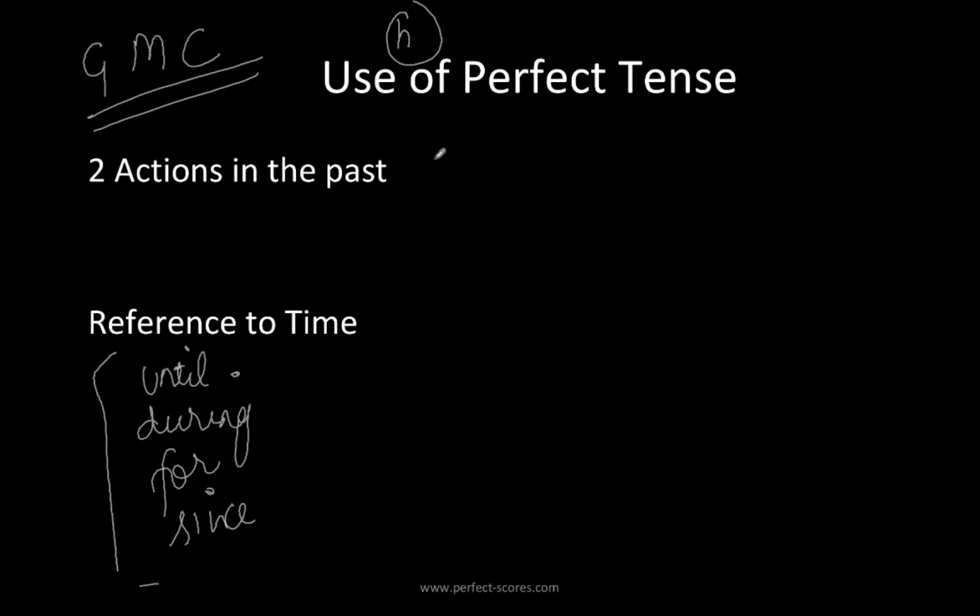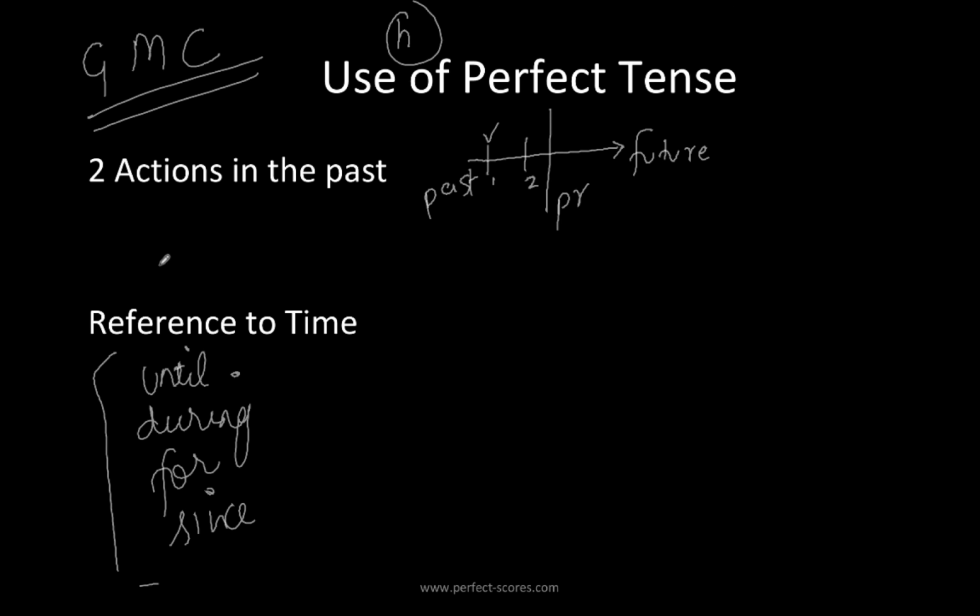The second case is when you have two actions in the past. So let's say this is a timeline. This marks the present right now. This is the future, and this side is the past, and time is moving in this direction. So let's say you had two actions happening in the past. Action number 1, action number 2. So to differentiate which one happened earlier, you have to use the perfect tense for the one that took place first.